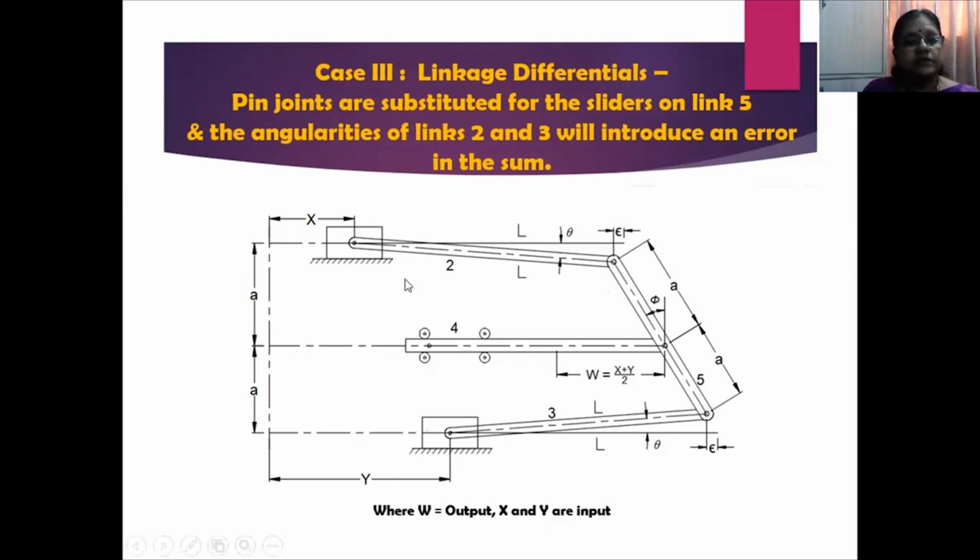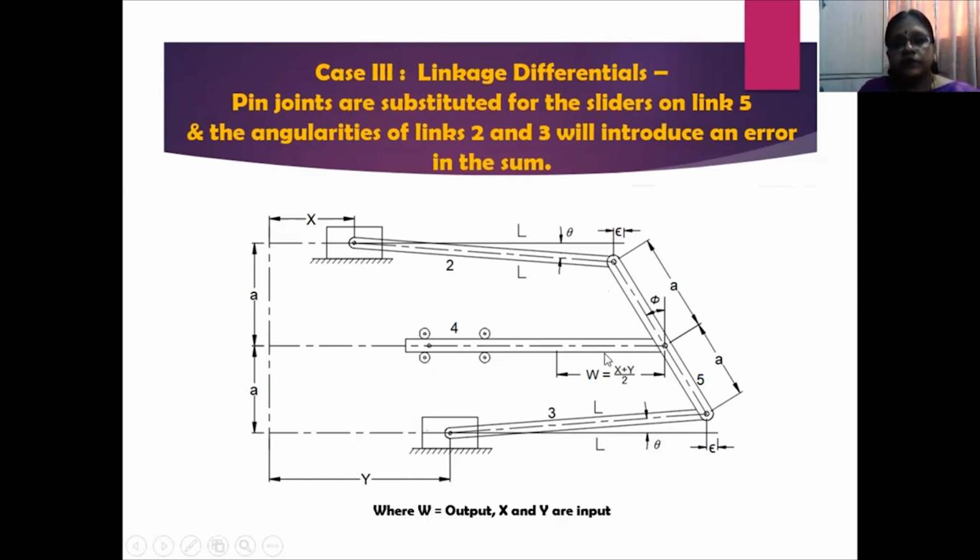And there are additional linkages attached to this mechanism, that is, sliders. A slider is attached to the link at this point. This is to ensure that this motion is on this path.